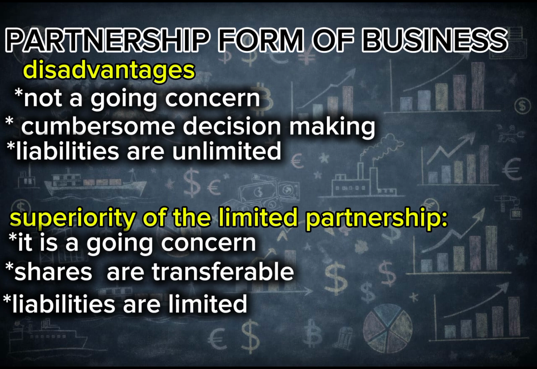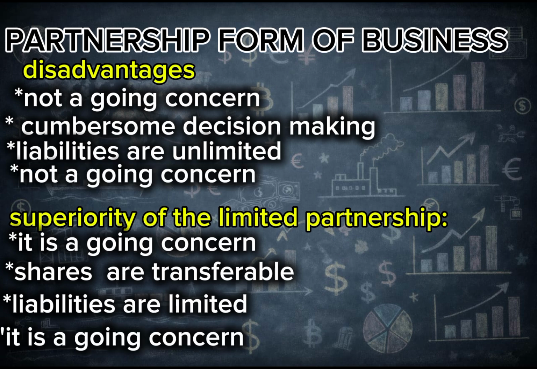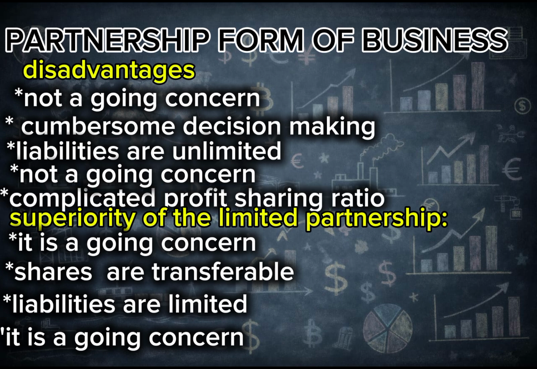Another disadvantage is that it is not a going concern. That is, the death of one partner can lead to the end of the partnership. And also the profit sharing, in the sole proprietor, he takes all his profit. But in the partnership business, the profit sharing ratio is more complicated because some of the partners may be more hands-on in the business than others, and some may have contributed more capital than others.